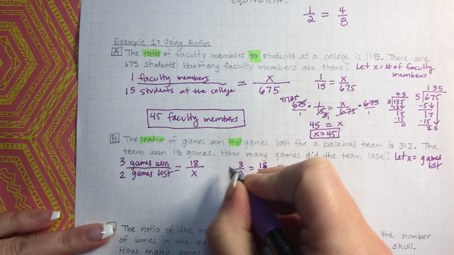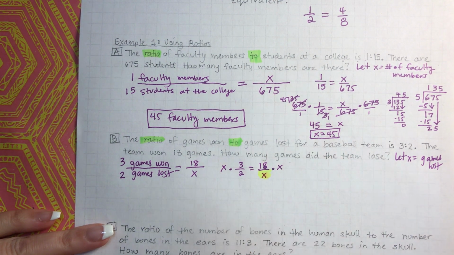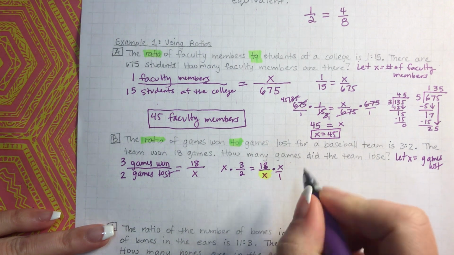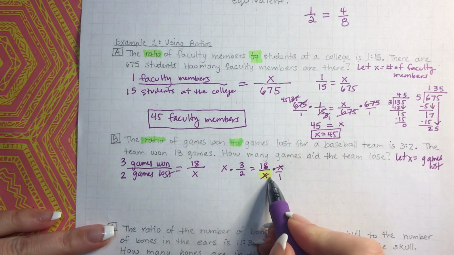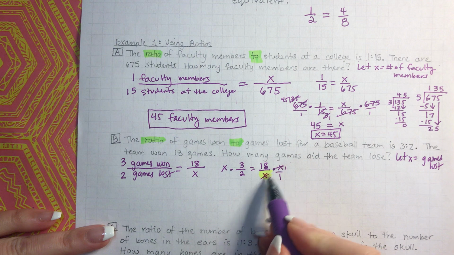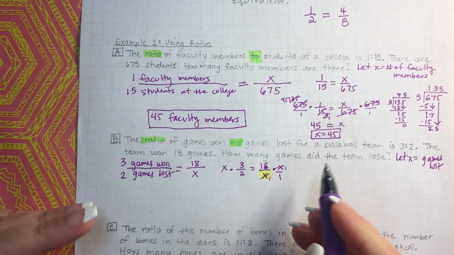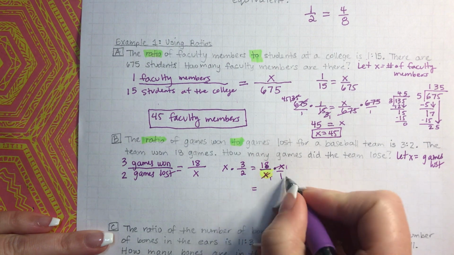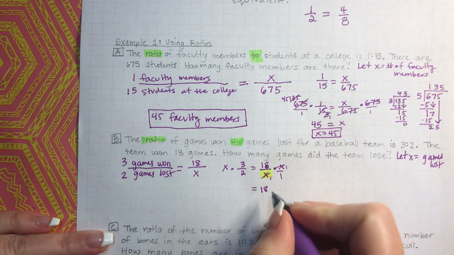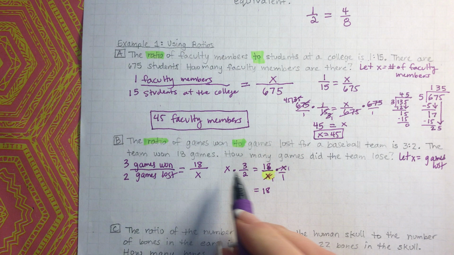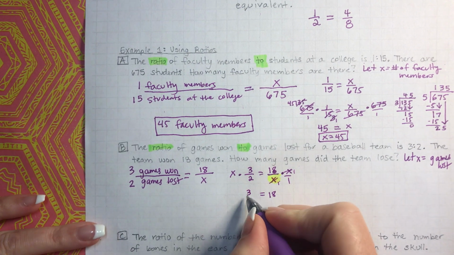So I'm going to multiply both sides of the equation by x. What happens is these x's cancel out and they become 1, right? Because they have a common factor of x. x goes into x one time, okay? You multiply all that across and you get 18. Over here, you multiply that and you have 3 over 2 x.